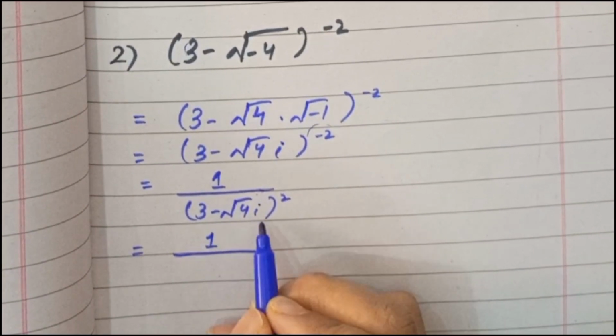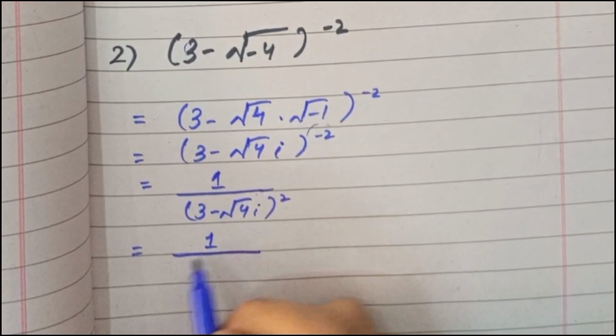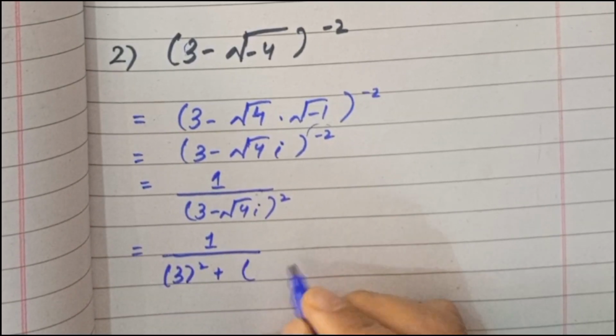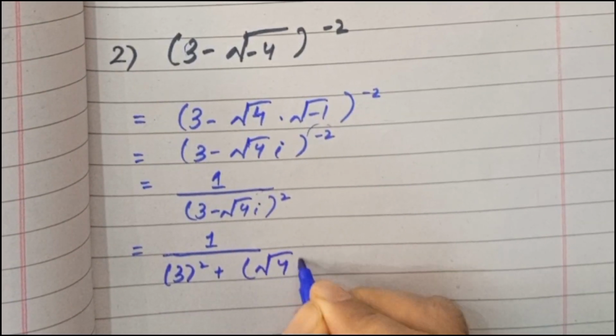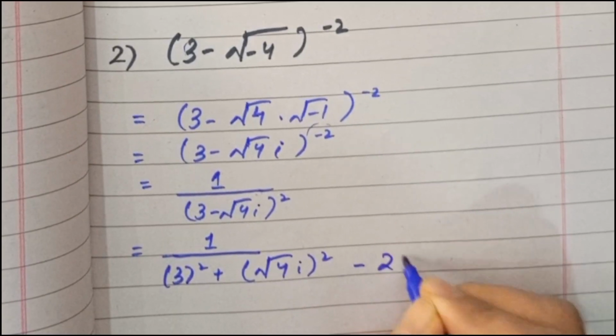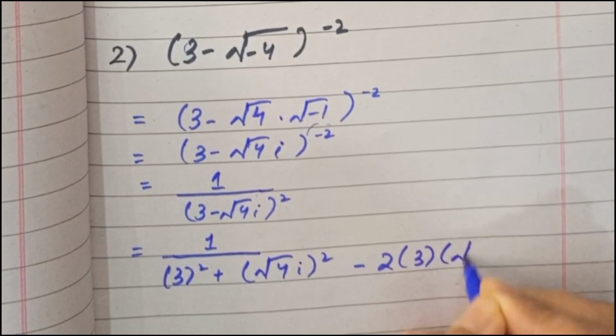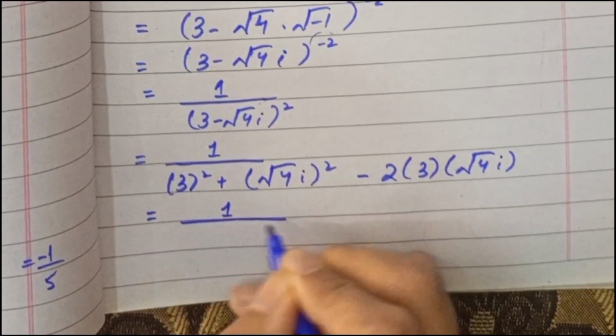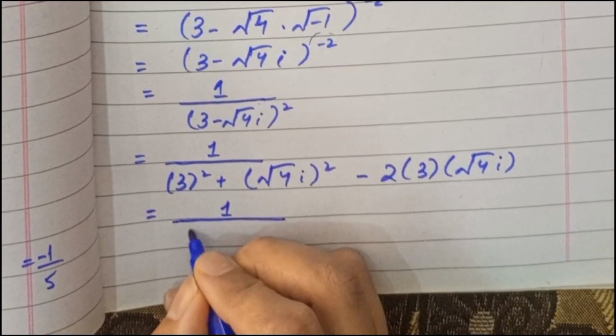Now we will open up the formula of a minus b whole square. That is a square plus b square minus 2ab. We know that 3 square is 9.